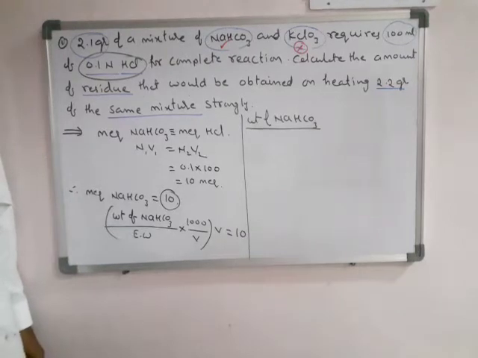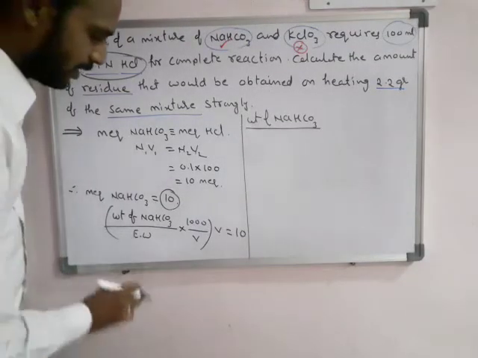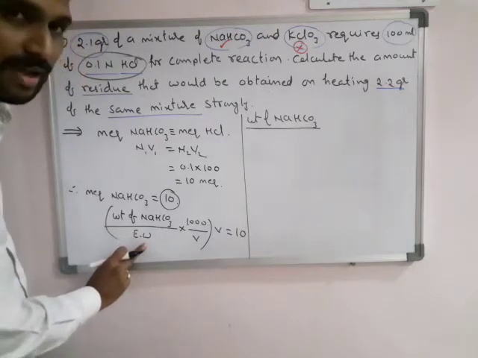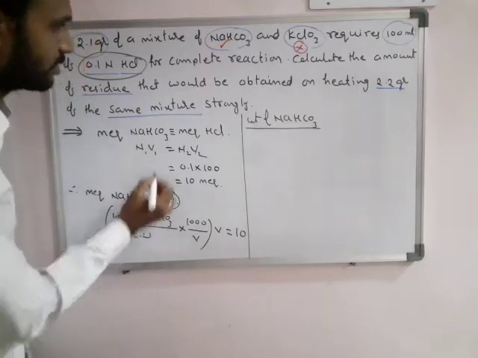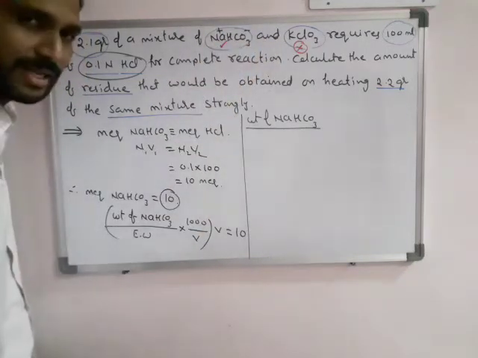So what is the molecular weight? Its molecular weight will be treated as 84. The equivalent weight here is the molecular weight by its valency. As it is a salt, Na plus HCO3 minus, its valency is 1.